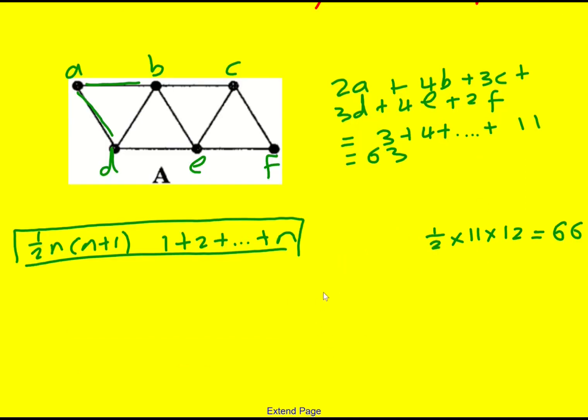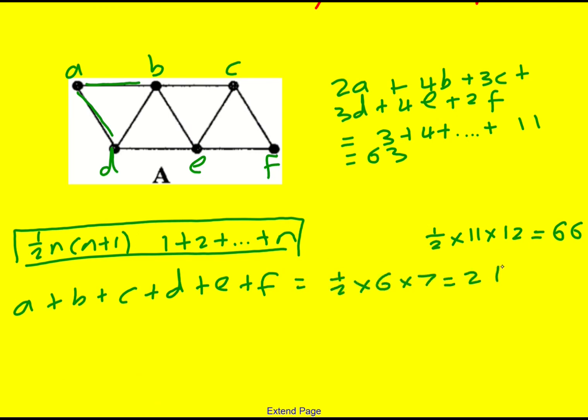All right, is this really that useful? Well, we also know that A plus B plus C plus D plus E plus F is 1 to 6, a half times 6 times 7, or 21.